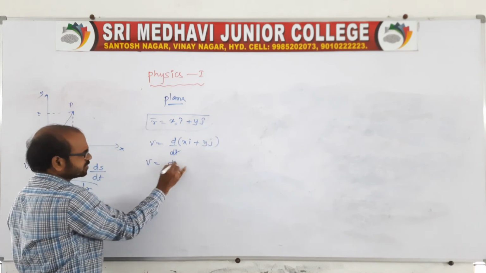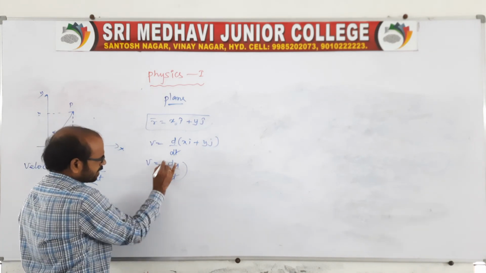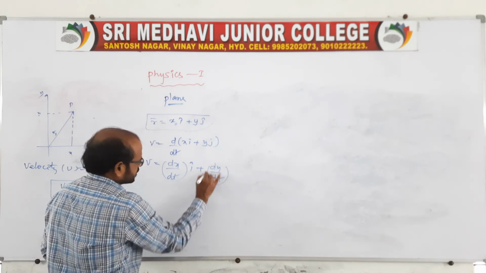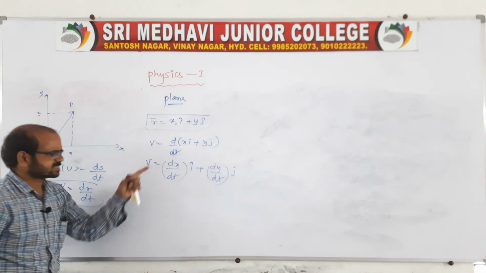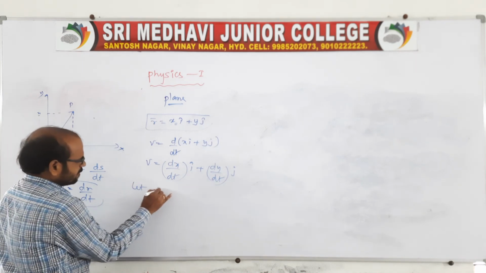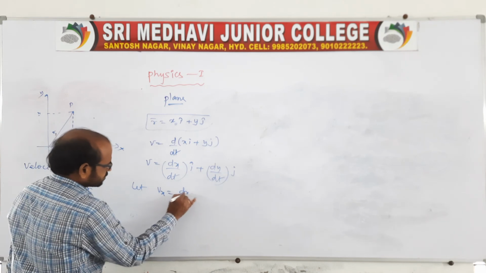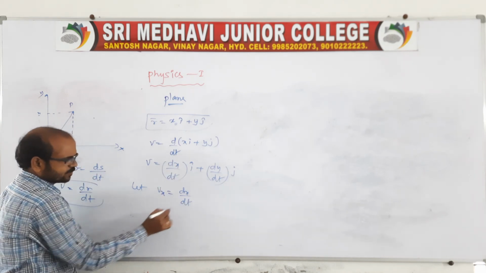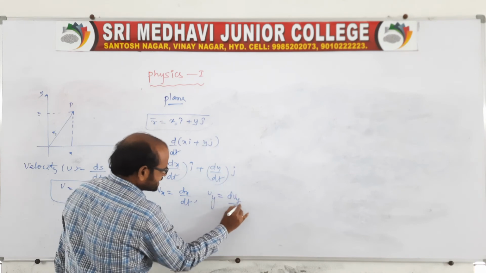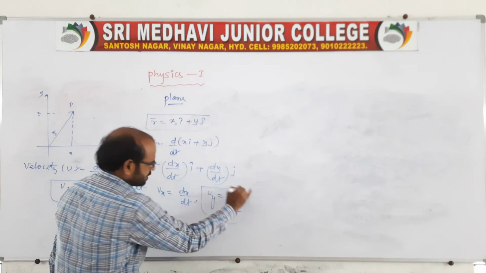So v is equal to dx by dt i cap plus dy by dt j cap. No doubt dx by dt is the rate of change of position with respect to time. So let vx be equal to dx by dt, and in the same way vy is equal to dy by dt.